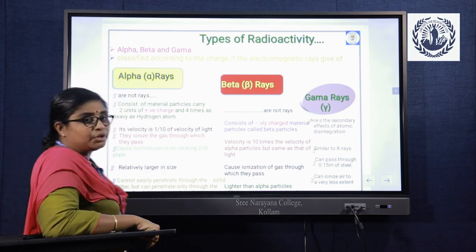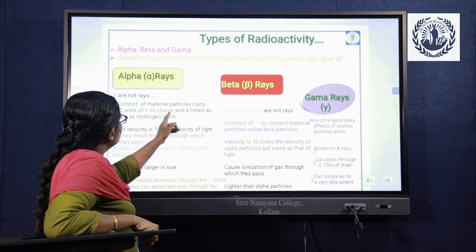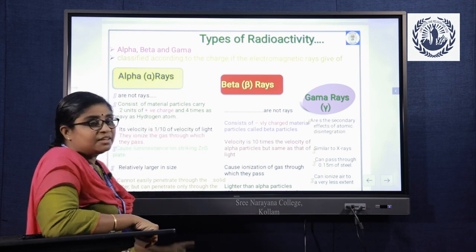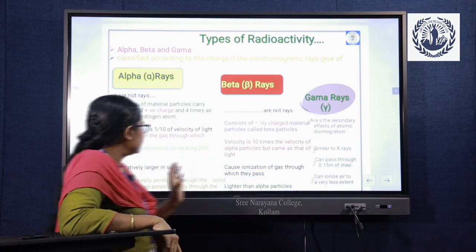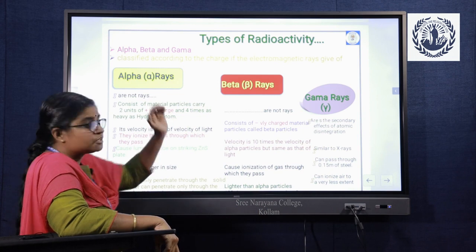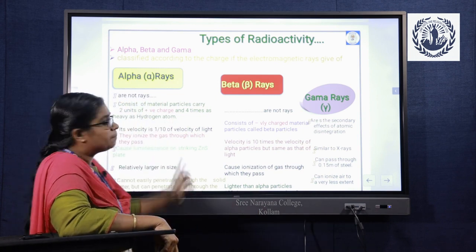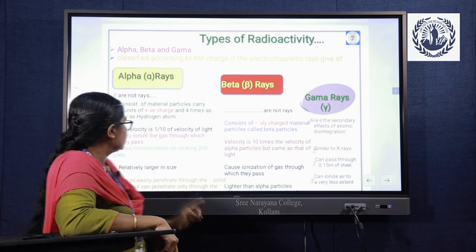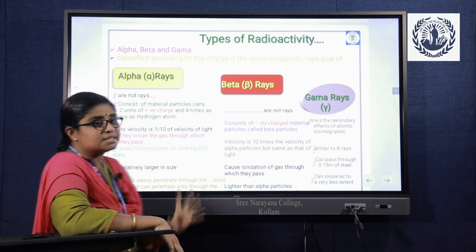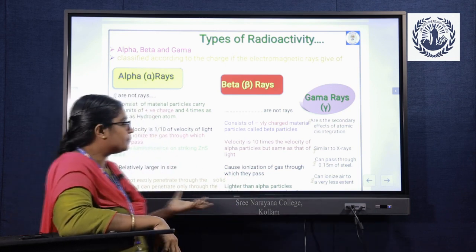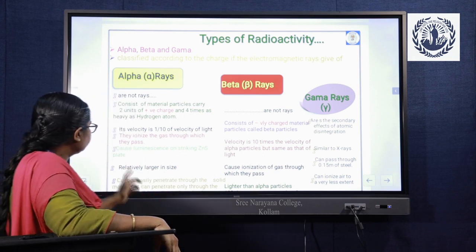Alpha rays are actually not rays, they are alpha particles, and they consist of 2 positive charges and 4 times the mass of the hydrogen atom, that is, equivalent to a helium atom. Its velocity is very much lower than light, about 1/10 the velocity of light, and these alpha particles ionize gas. Its ionizing power is maximum compared to these 3 emissions.